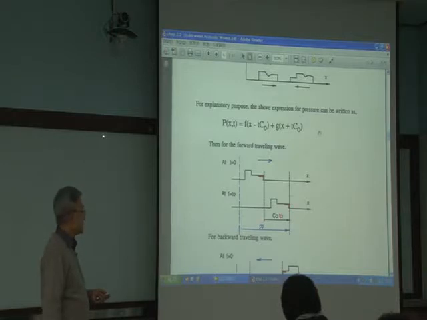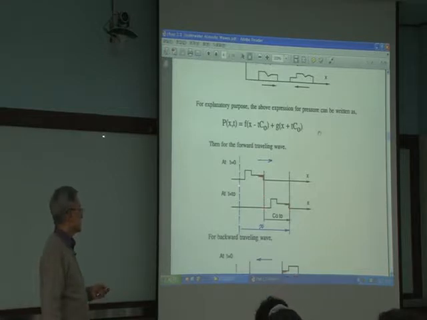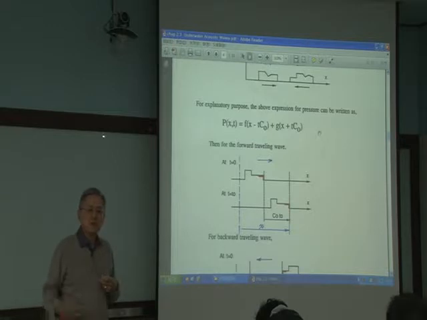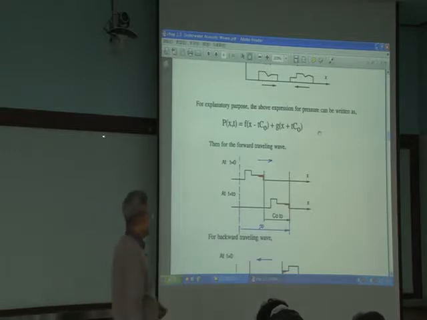At t naught time, the distance it traveled was from here to here, so c naught times t naught. I'm just trying to explain it a little bit better, but some of you may prefer to work in the time domain. Go ahead, you work in the time domain, okay? So then c naught times t naught is the distance it traveled during the t naught time.